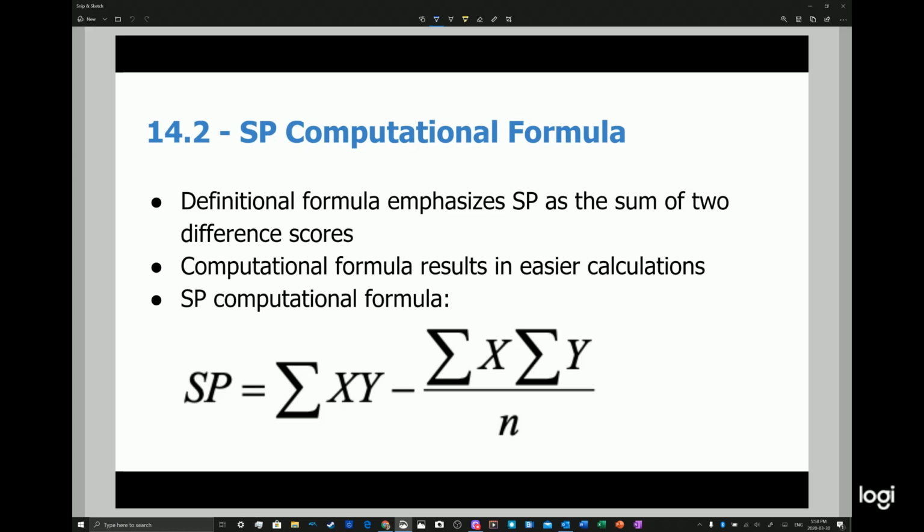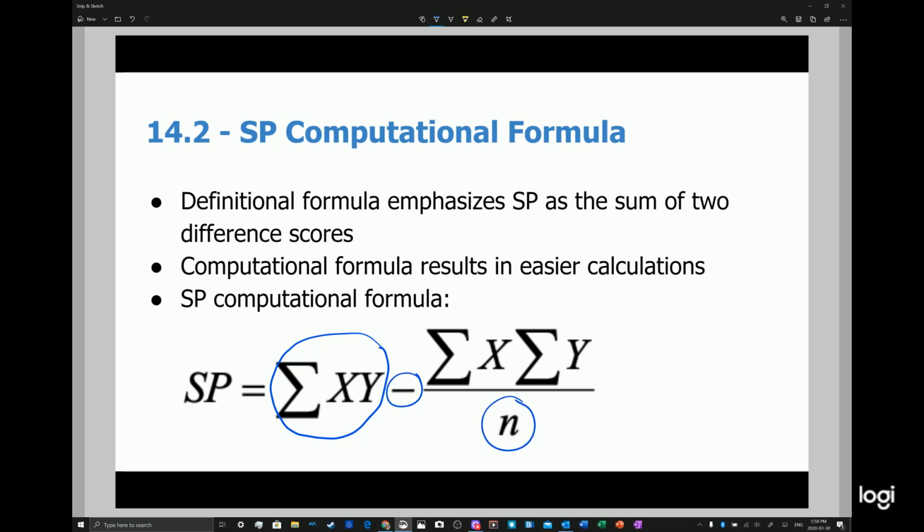So here, the parts you're going to need is, okay, you would multiply your x and y scores together and then add those up. That's one. And then here you subtract that. Again, you're measuring deviation scores.